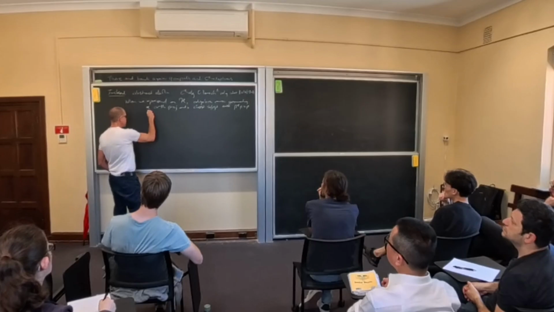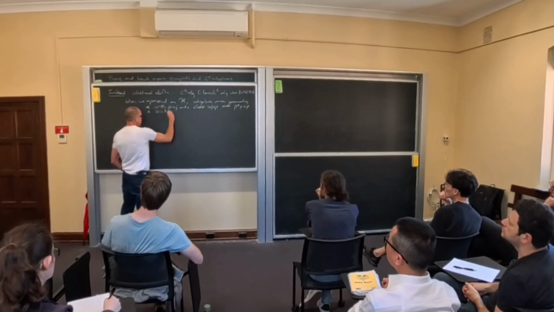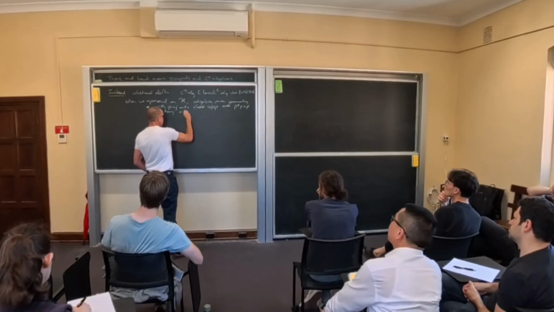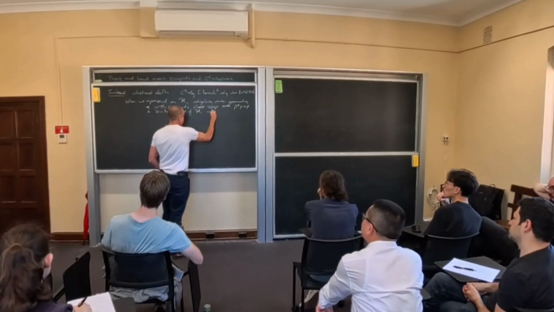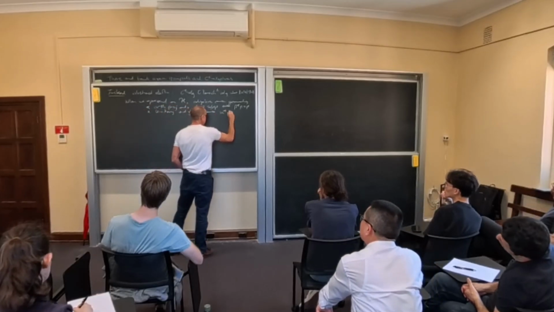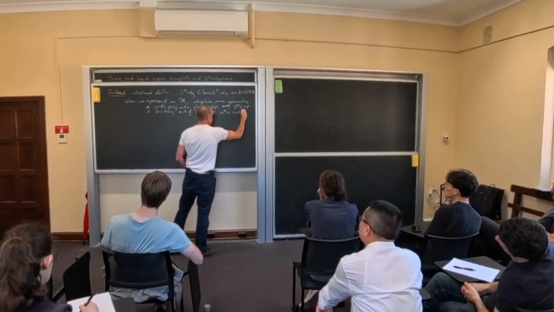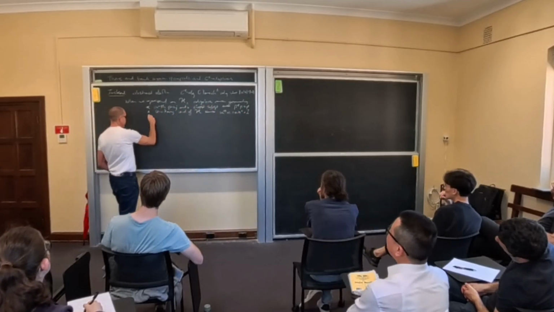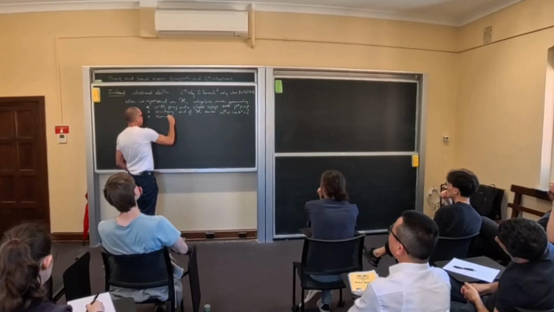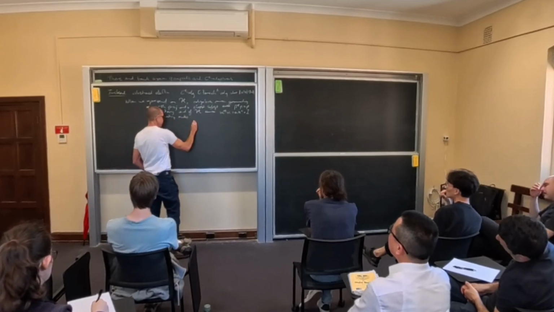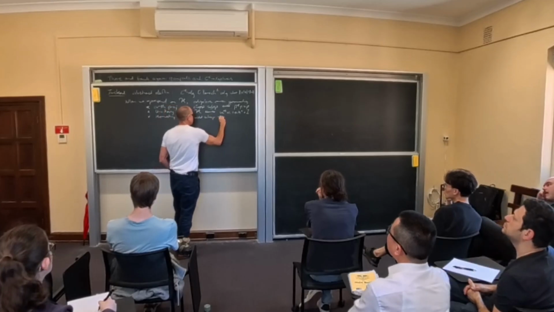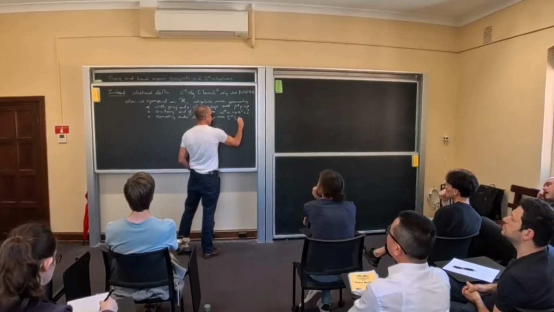Being a unitary automorphism of the Hilbert space just boils down to U star U equals U U star equals 1. Being an isometry onto a closed subspace just boils down to asking that S star S is equal to 1.